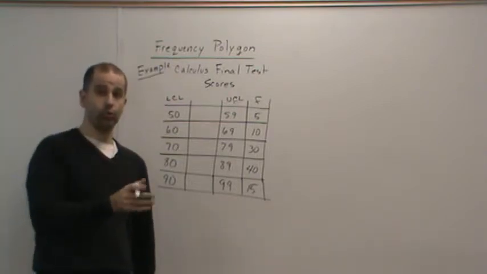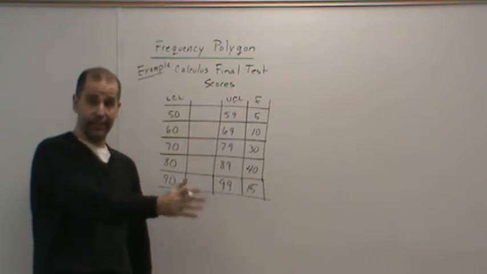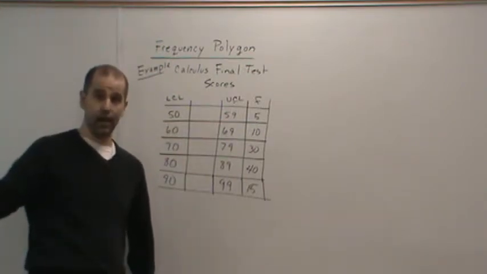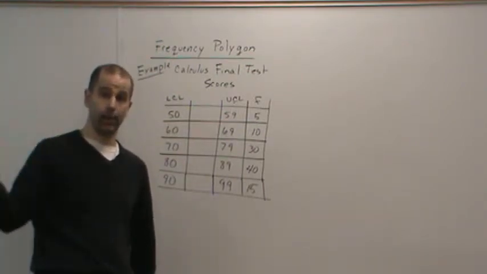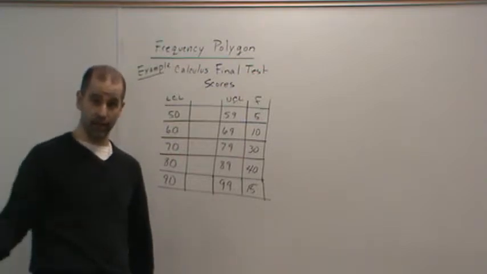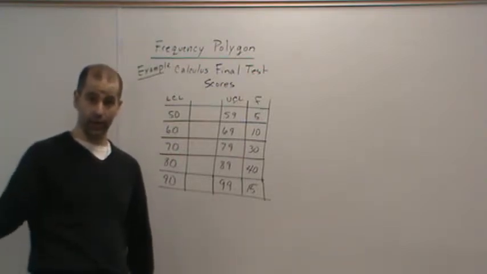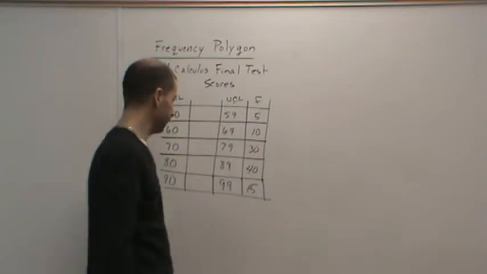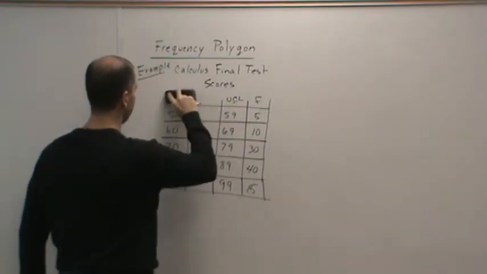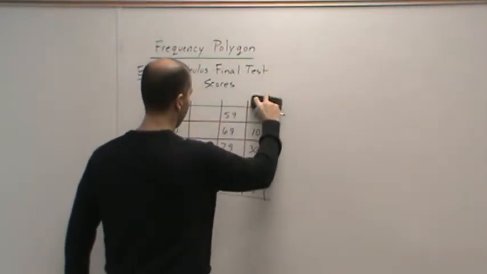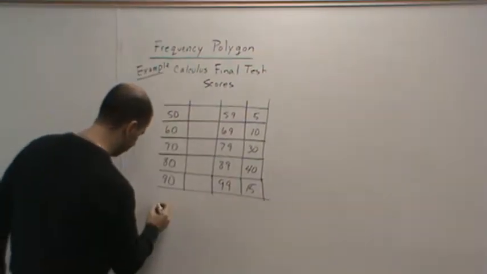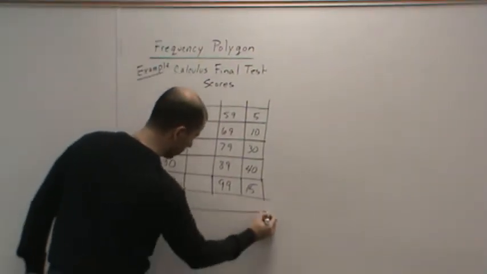So what we're going to do is we're going to add a class to the beginning, and we're going to add a class to the end, but we're going to make the frequency automatically 0, so it forces the line to go to the axis, the x-axis. Okay? So here's what I'm going to do. I'm going to add a class to the top and the bottom. Okay?